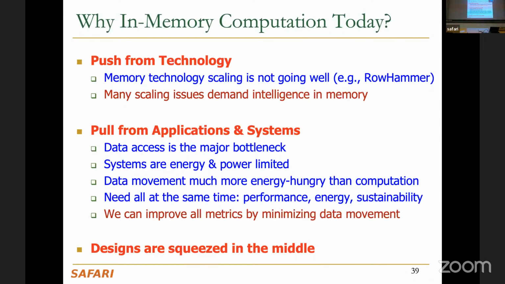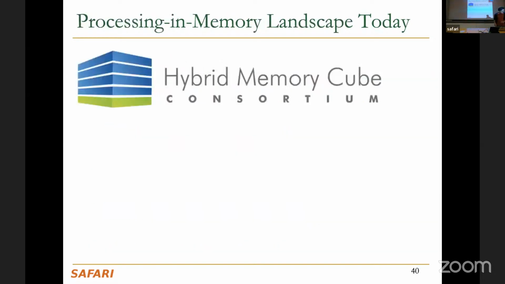So it's an issue with performance, it's an issue with energy, and it's an issue with sustainability. The idea is to find a way of fixing all of that at the same time by minimizing the data movement. And for sure, that can save a lot of energy and a lot of execution time.